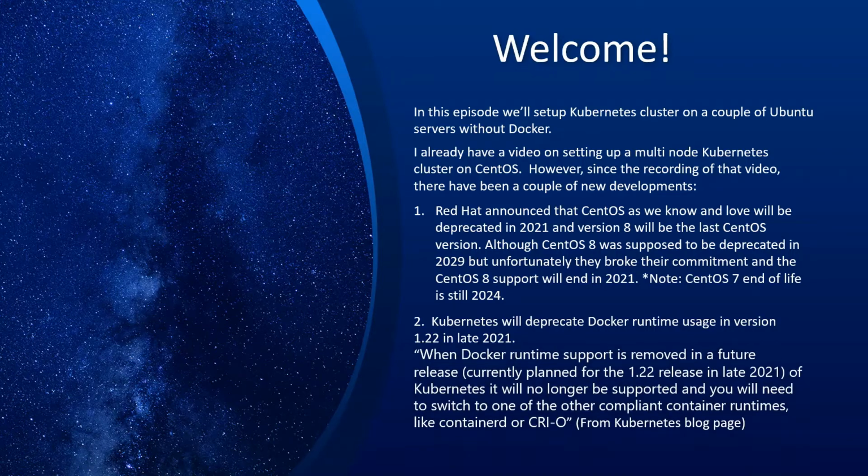And this is a direct quote from the Kubernetes side: when Docker runtime support is removed in a future release, currently planned for the 1.22 release of Kubernetes in late 2021, it will no longer be supported, and you will need to switch to one of the other compliant container runtimes, like containerd or CRI-O. So again, this is a direct quote from the Kubernetes page.